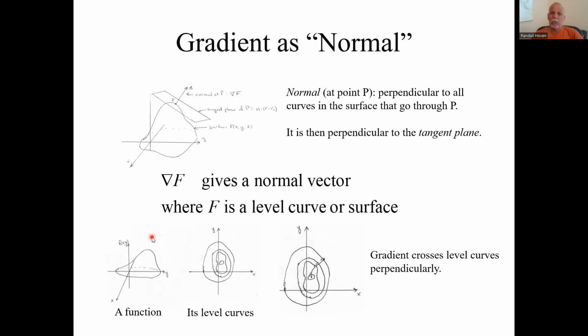What does that mean, or what's an interpretation of that? Let's go back to where you have a function that's just a function of the two variables x and y. This is not a level curve or surface. This is the function or the surface formed by the function. A level curve is when I take a slice through it. If I took many slices, I get this contour map.